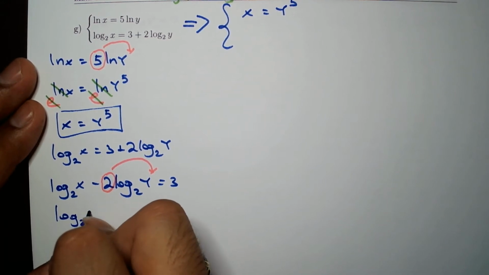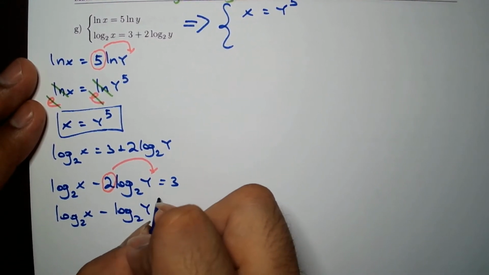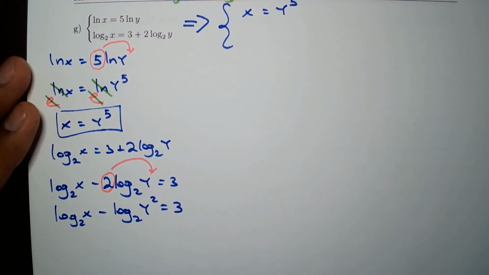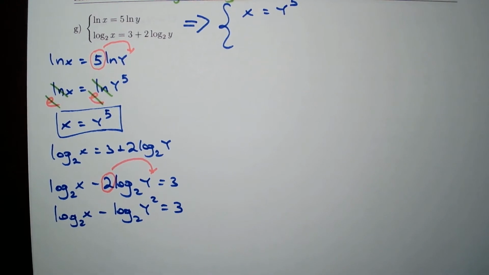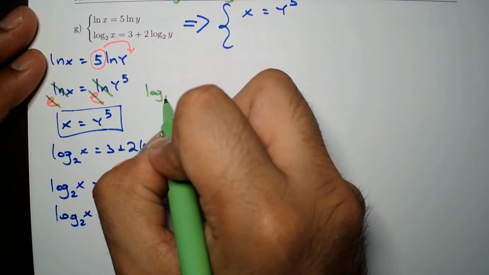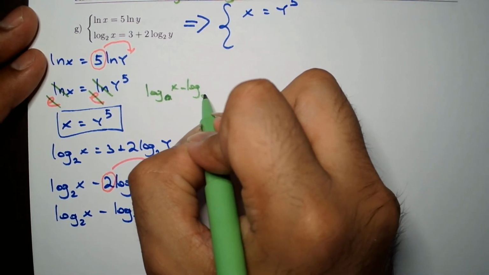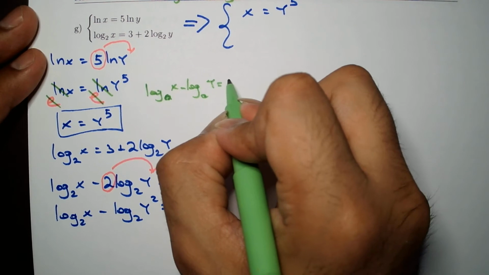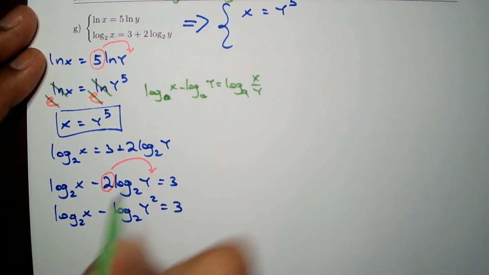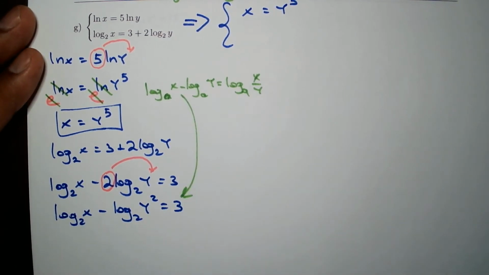So log base 2 of x minus log base 2 of y quantity squared equals 3. And now we are ready to apply the quotient rule. The quotient rule states that log base a of x minus log base a of y equals log base a of the quotient. So we're going to write this as a quotient. That's the rule we apply here.